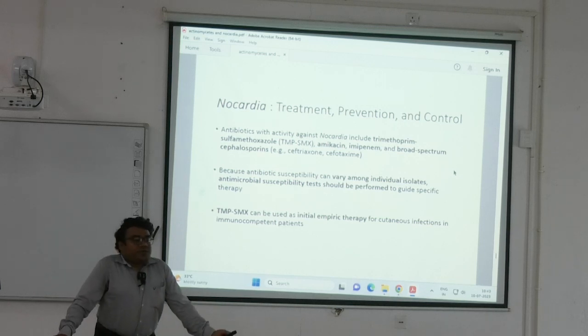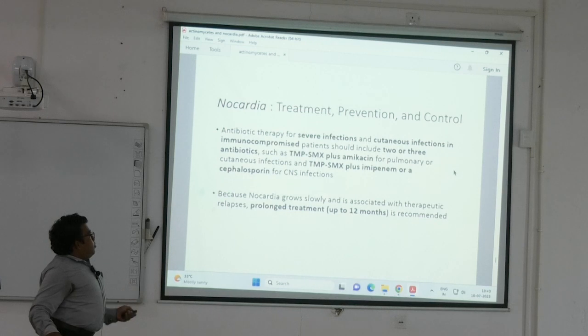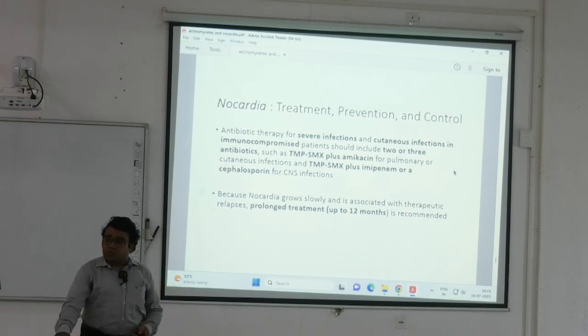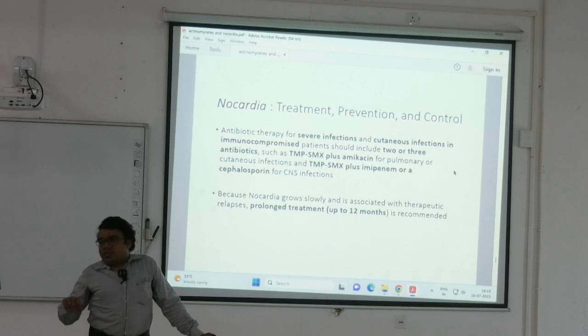If it is a disseminated or pulmonary infection, two or three drugs can be combined, like cotrimoxazole with a carbapenem like imipenem, or cephalosporin or amikacin. So, combination therapy is preferred if there is pulmonary involvement or involvement of the central nervous system.